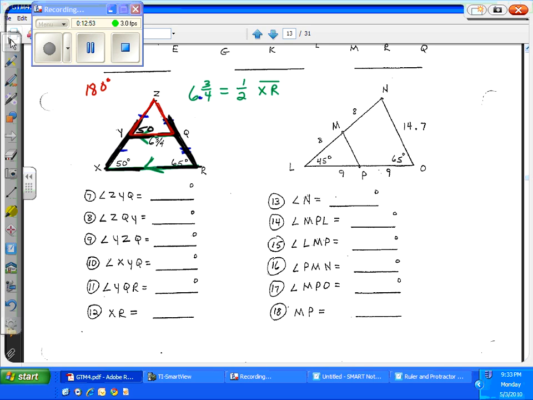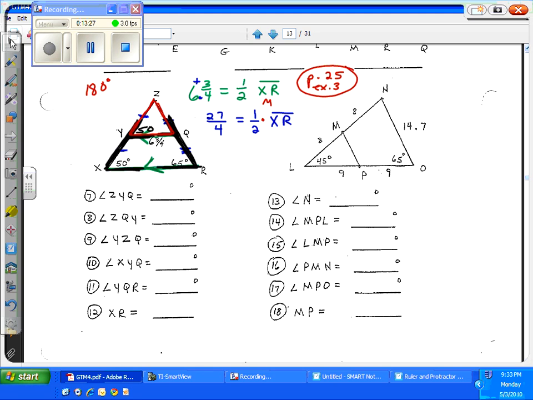When you deal with fractions, you want to make them improper. So we're going to say 6 times 4 is 24 plus 3 is 27 of those little fours is equal to 1/2 XR. If we want to solve for XR, we're going to undo multiplication by division. If you want the answer to that, look at page 25, example 3, especially 3A and 3B on page 25 of the Algebra 1 text.